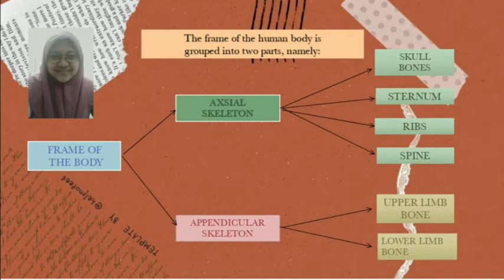Spine. And now, appendicular skeleton. First, upper limb bone, and then lower limb bone. And next slide.